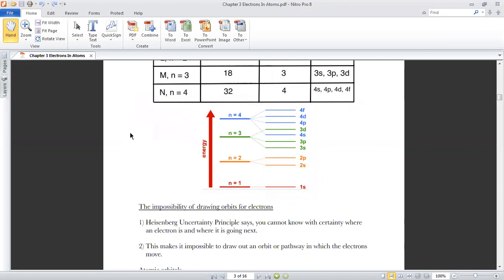But we see a new thing in this electron energy level graph, that the fourth shell has four subshells, 4s, 4p, 4d, and 4f. But the fourth shell's 4s subshell has quite low energy. It has even lower than 3d. The energy of 4s is slightly lower than 3d.